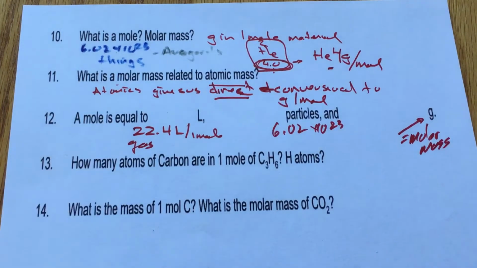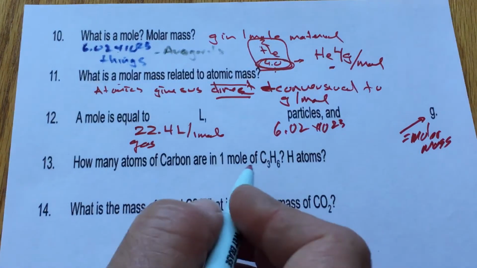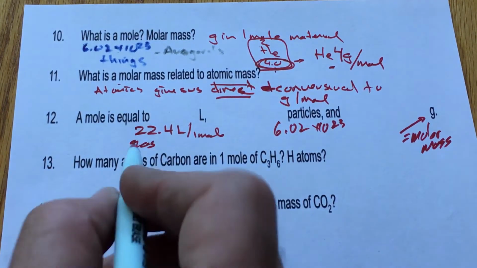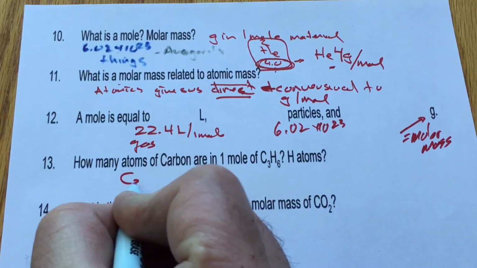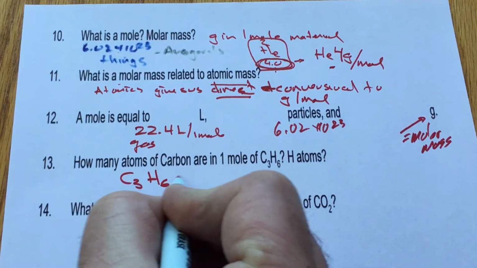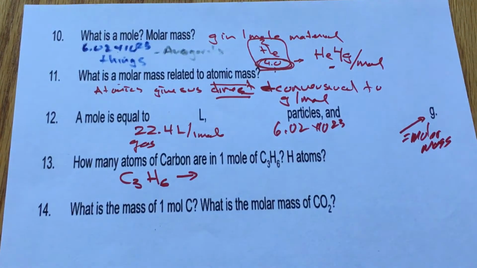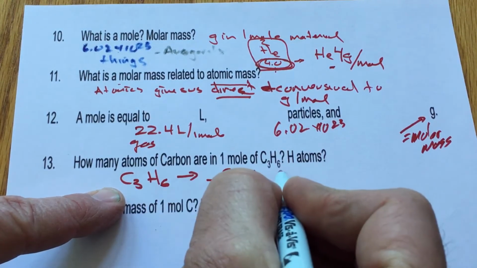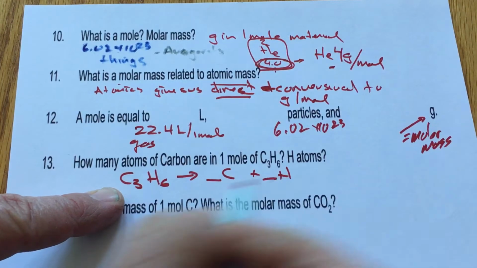Let's see, number 13. How many atoms of carbon are in 1 mole of C3H6? When you get a problem like this, remember to make just the simplest decomposition reaction. If this were to break apart into carbons plus hydrogens, how many would there be?